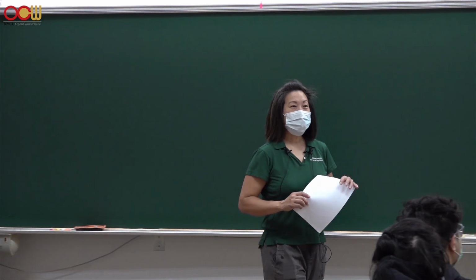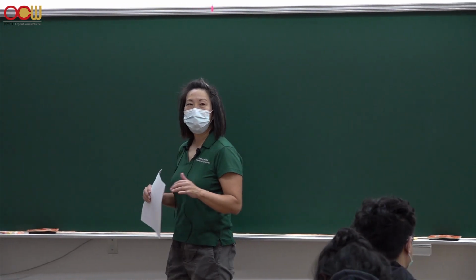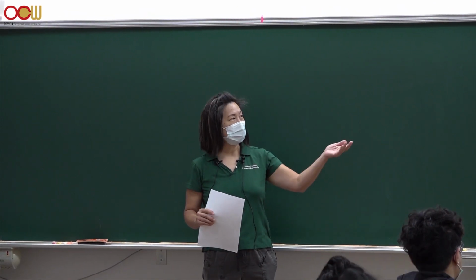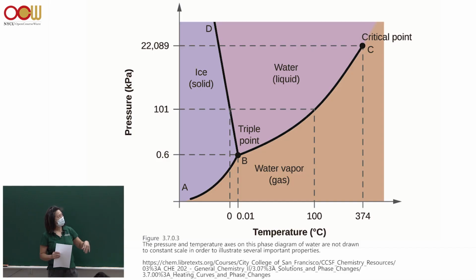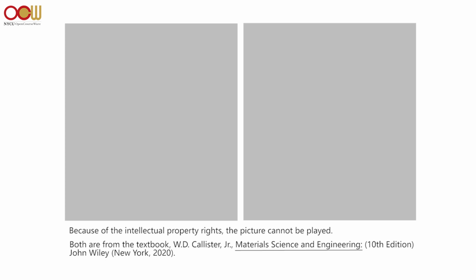Okay, so last week we started to talk about phase diagrams. And phase diagrams, just a reminder, tell you typically, in this case for a single material, the phase based on pressure and temperature. We looked at things like this, temperature and pressure, but we will also be looking at materials with two components.